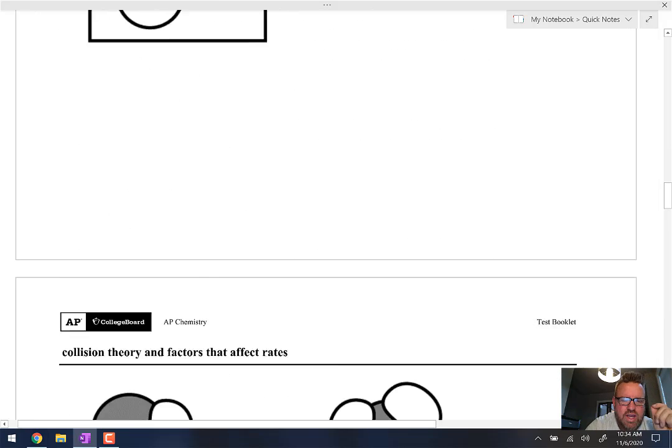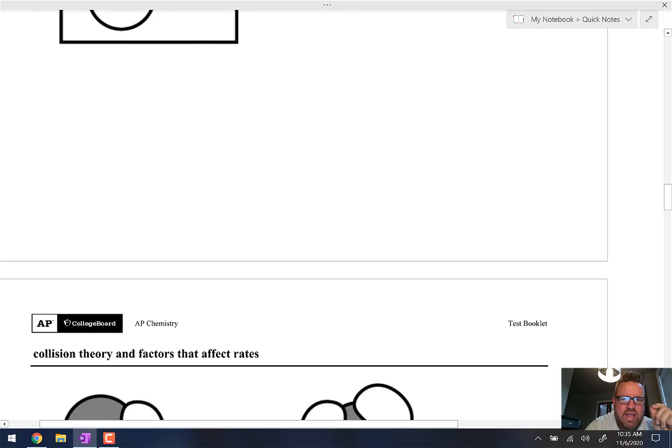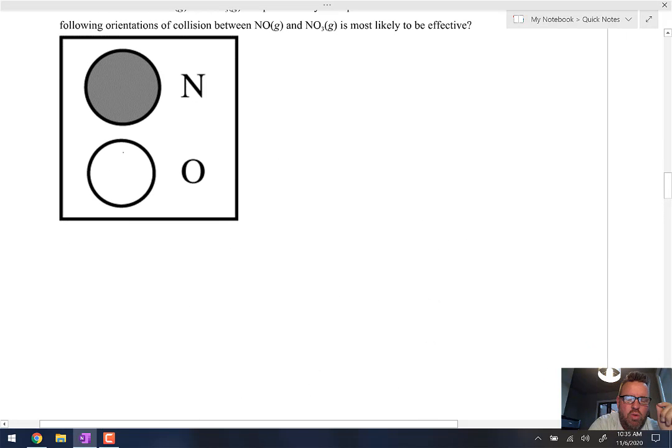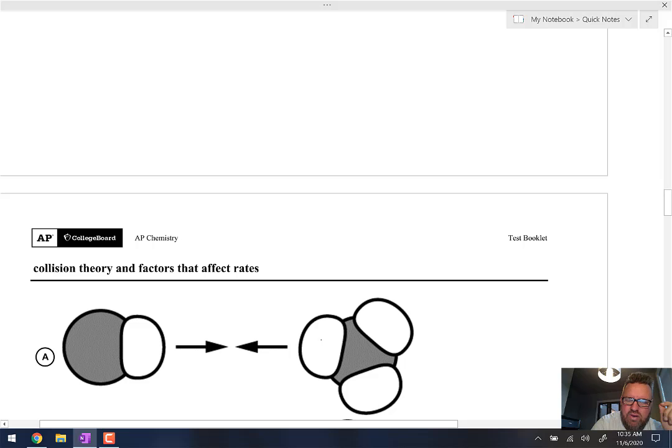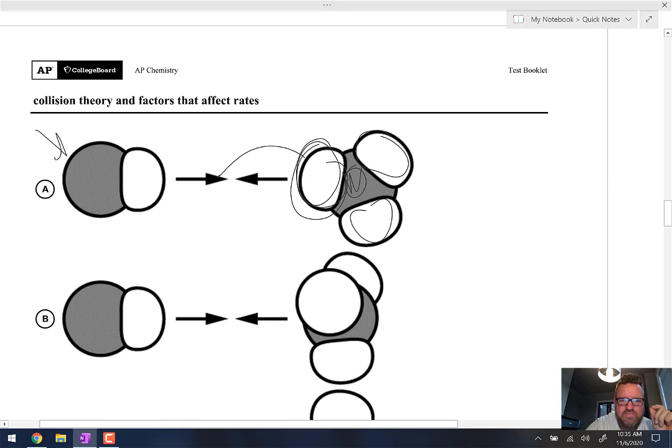So let's look at answer A. They show O as the open one, N as the darker one, and O as the open one there. This is showing an O hitting another O. That's not going to produce it. Notice that if this oxygen comes off, you're left with O, N, O. So that oxygen has to hit the nitrogen side, not the oxygen side.